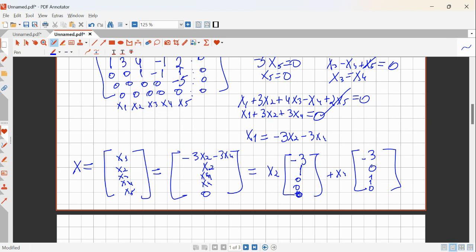For x2 in the first row we have minus 3 as the coefficient, and for x4 we have minus 3 again. In the second row we have only variable x2, so it's 1, but there is no x4, so we write zeros. Thank you for your attention.